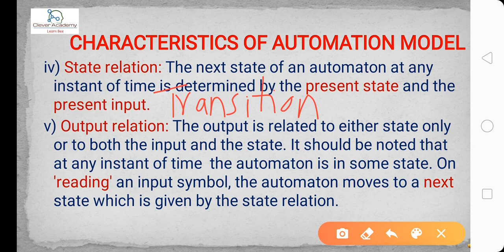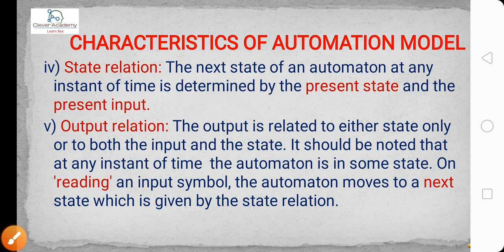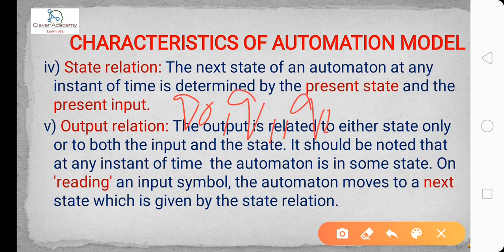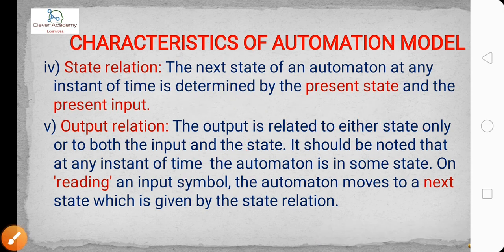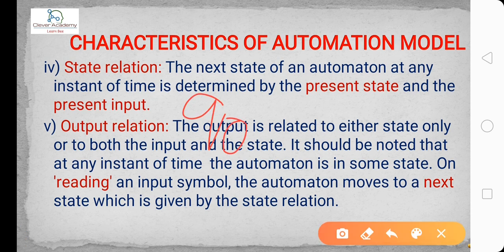When coming to the state relation, the next state means, suppose I have q0, q1, q2, q3 like this. If I want to go from q0 to q1, the relationship between q0 and q1 is that at state q0, if you get input 0, then you can go to q1.